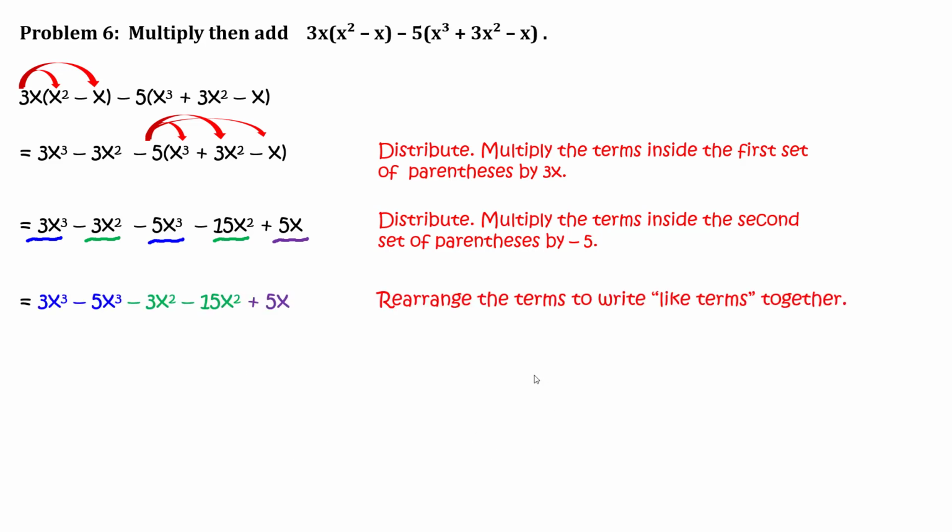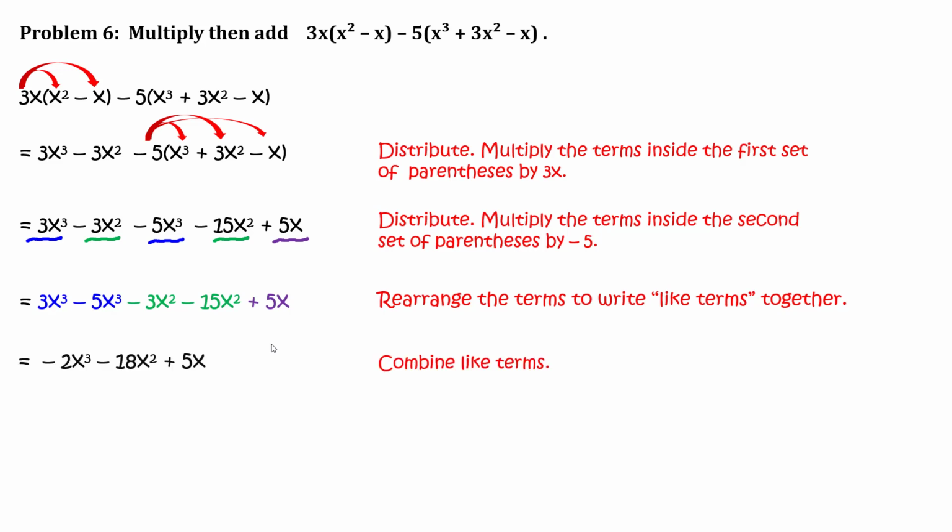So in the next step, I'm going to rearrange the terms to write the like terms together. You don't have to do this, but this is just to show you how they would be combined, what would happen to the signs. So 3x cubed minus 5x cubed, the negative belongs to the 5. Negative 3x squared minus 15x squared, and then the plus 5x. And I made them the color that I used to underline the like terms.